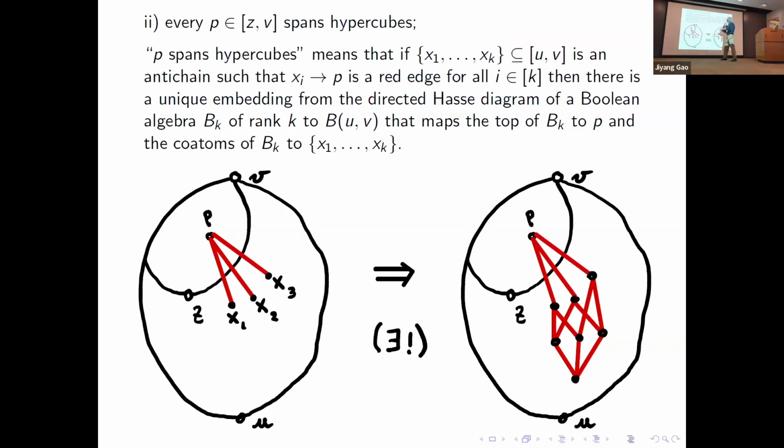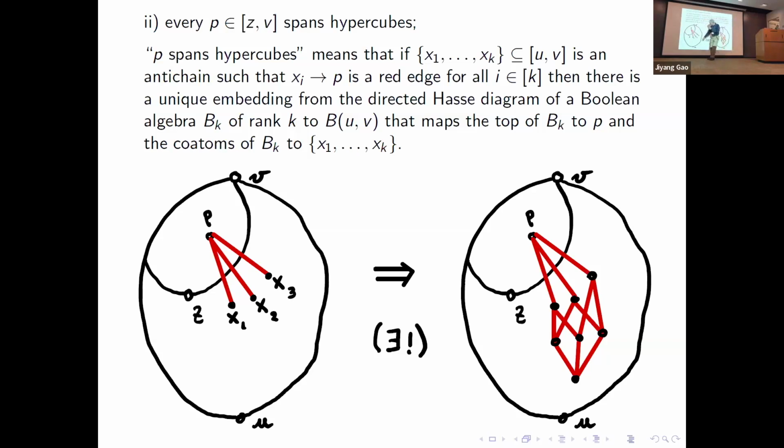So now condition 2, every P spans hypercubes. To say that P spans hypercubes means that if this is an antichain in your interval, and you have a red edge from each S_i to P, then there should be a unique embedding from the directed Hasse diagram of a Boolean algebra of rank k, the cardinality of the antichain, to your Bruhat graph that maps the top of the Boolean algebra to P and the coatoms of the Boolean algebra to S_1 through S_k.